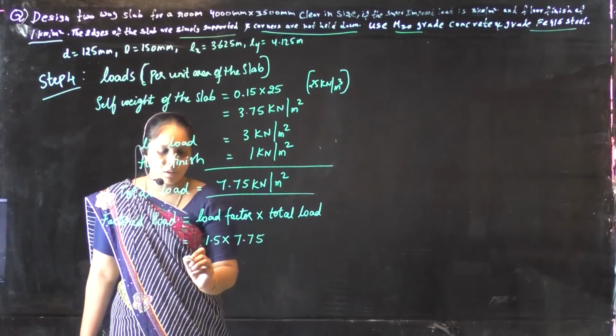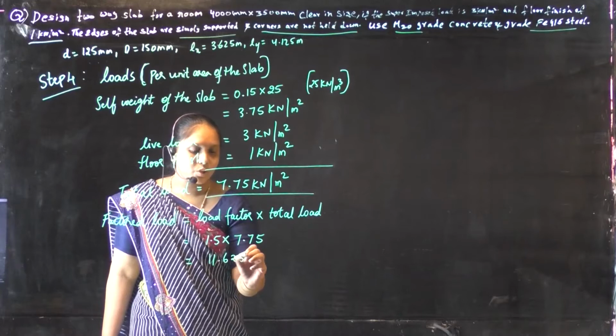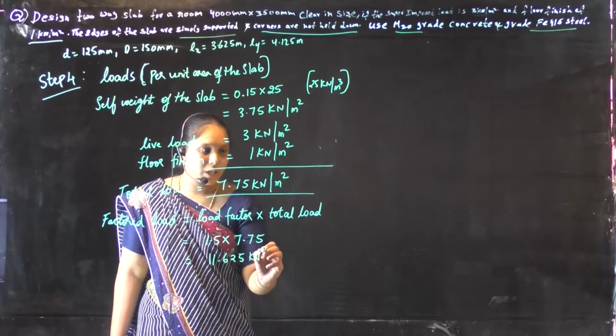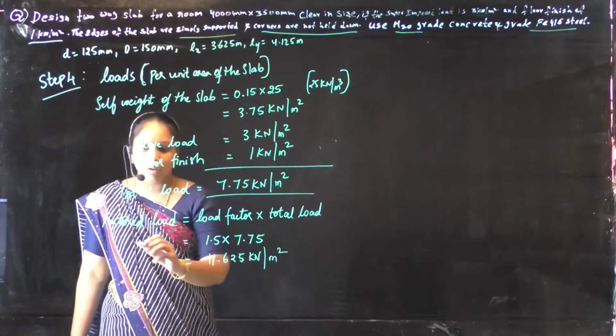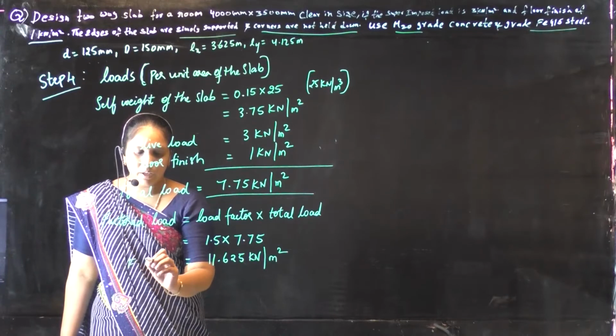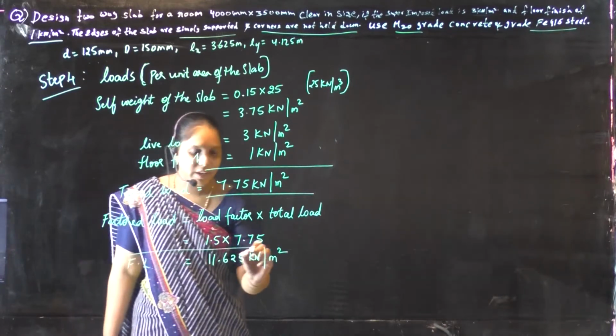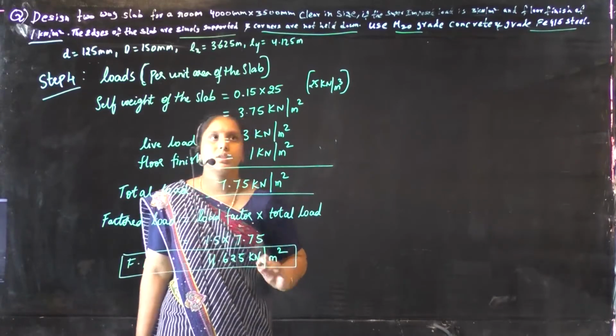So you'll get a value of 11.625 kilonewton per meter square. So this is going to be our factored load, which is 11.625 kilonewton per meter square.